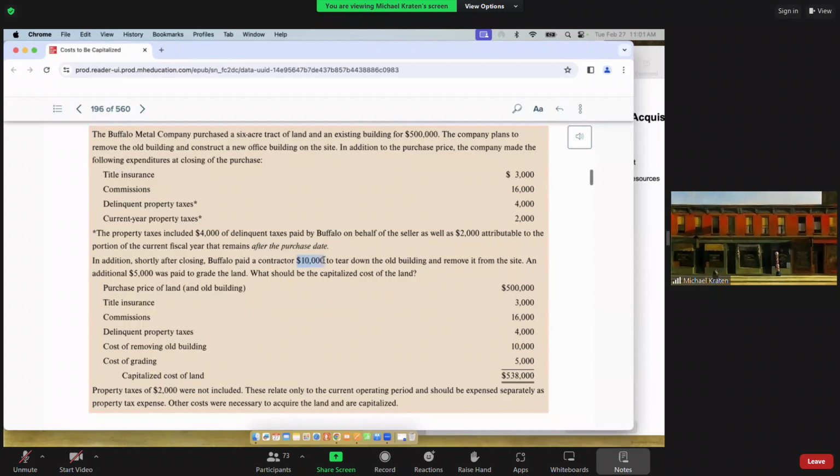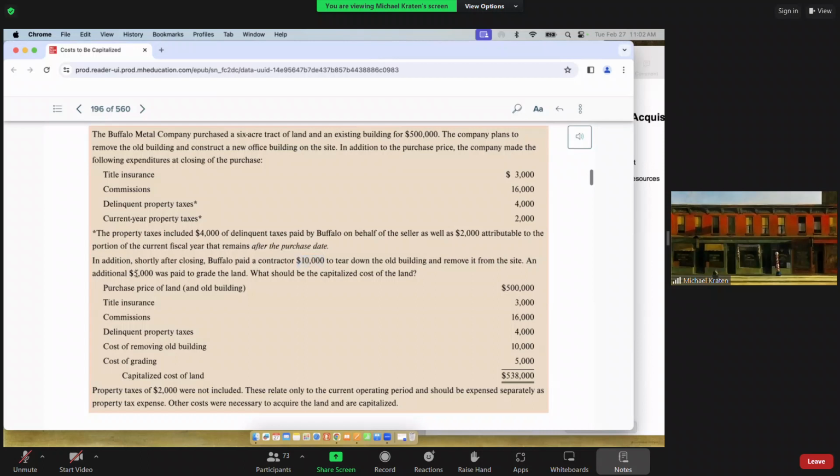Okay, where'd the $10,000 come from? Well, to prepare the land that you're buying so that you can use it, you have some preparation costs. The textbook author could have just listed $10,000 here on his little table, but I guess he figures it's more confusing to take some of the costs that you would expect to be on that little table on top and list it differently.